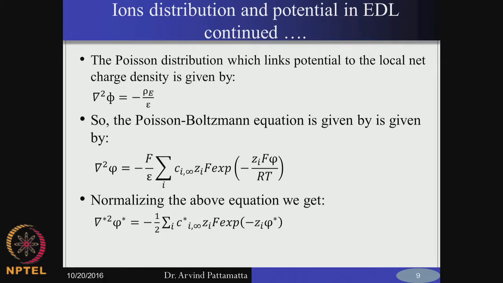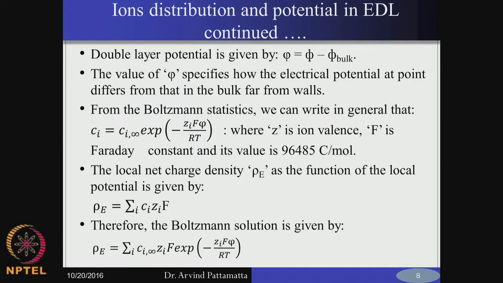To get the local charge density, we have to look at all the ions locally: the concentration of each individual ion multiplied by the corresponding charge, whether it is positive or negative. If it is positive, rho e will be positive, and negative otherwise, and so on, multiplied by what is called the Faraday's constant. So, the question is: how do I exactly determine the local concentration?